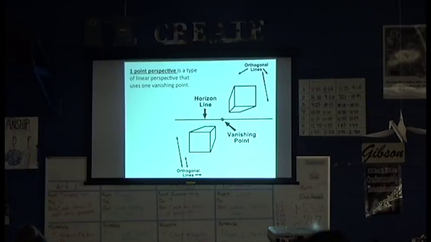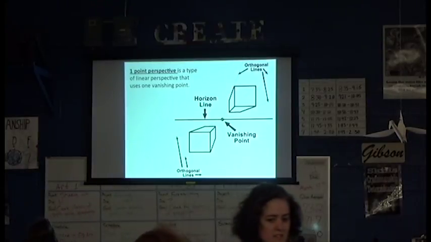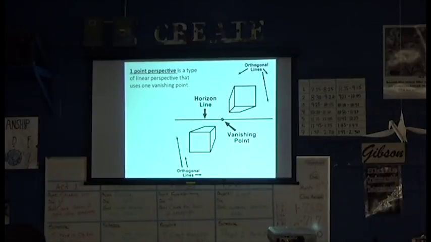If you don't like converge, they also meet. And orthogonal is a fancy word for those depth lines. Orthogonals are the depth lines, the diagonal ones.